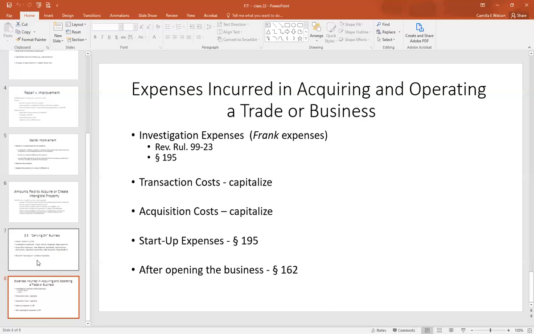And secondly, the expenses must otherwise be ordinary and necessary expenses that would have been deductible under 162. So 195 provides relief for expenses that otherwise would not be deductible and would not be capitalizable either. After your business has opened, then all ordinary and necessary expenses will fall under Section 162.